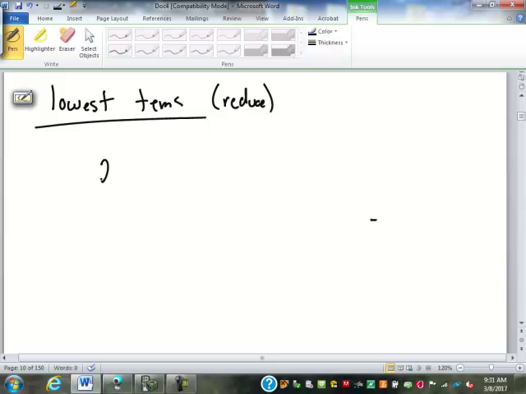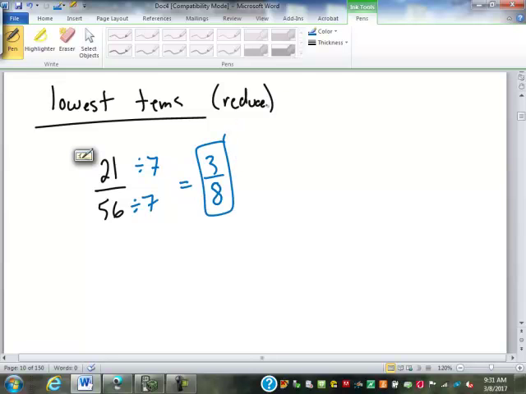So if we have 21/56, we have to look at that and figure out what can we divide both of those numbers by. 7, very good. So 21 divided by 7 is 3. 56 divided by 7 is 8. So that reduces to 3/8.